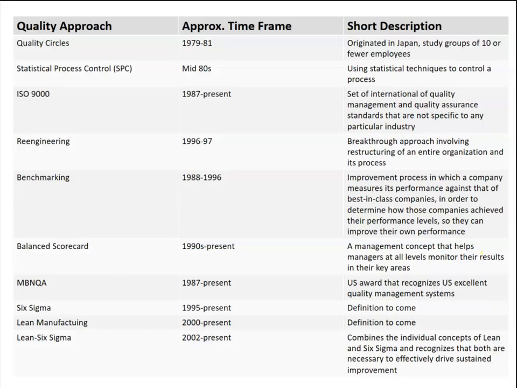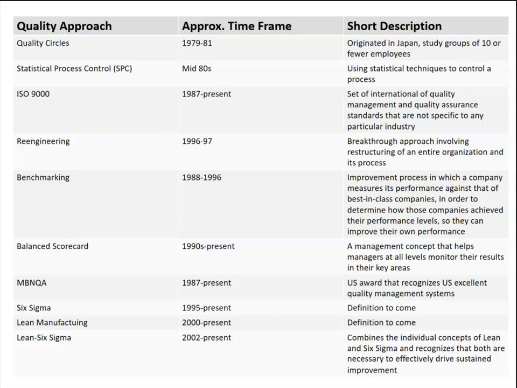A bit of history on this. I'm not going to go over too much, but I want to give you an idea. When you've heard of quality circles, that came from the TPS, the Toyota Production System. They had a steady group of 10 or fewer employees, and that's the precursor to those Kaizen blitzes and rapid improvement events.